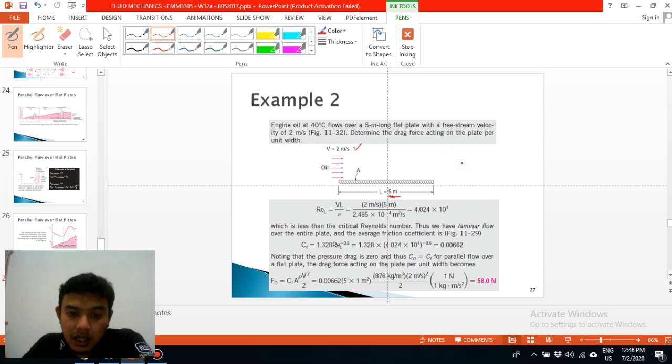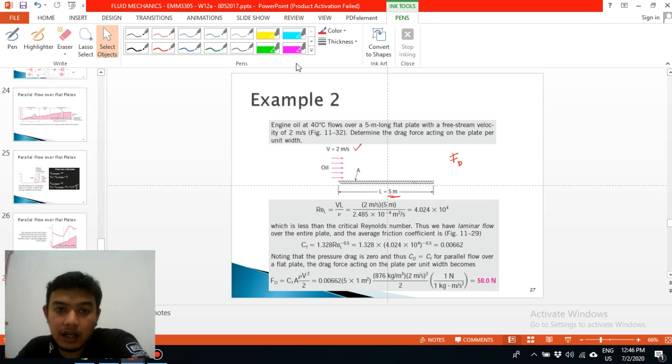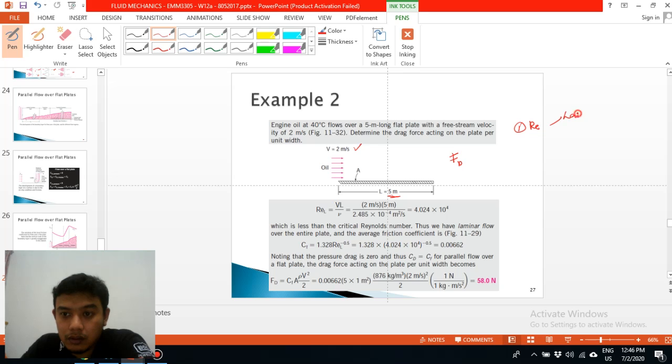The question asks us to find the drag force. Based on previous, the first step is to calculate the Reynolds number to determine laminar or turbulent. So from here you can decide.